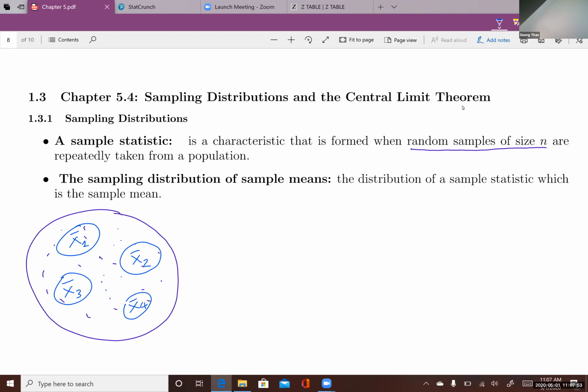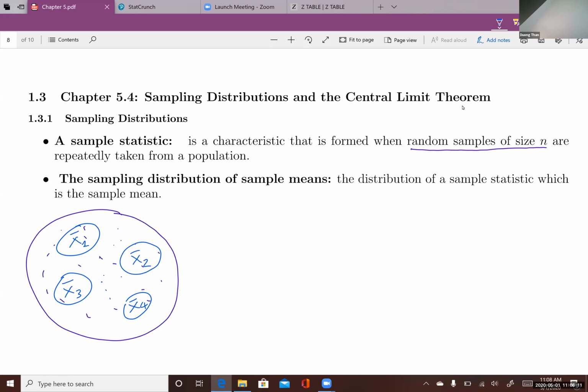And then the sampling distribution of the sample means is the distribution of all the means that I calculated from each of the samples that I collected.